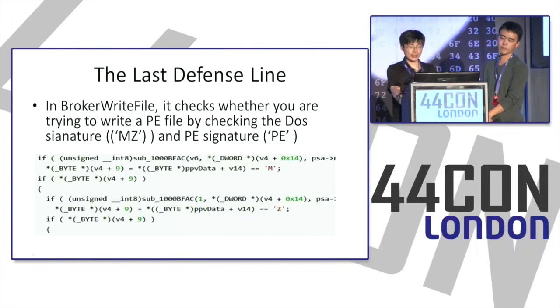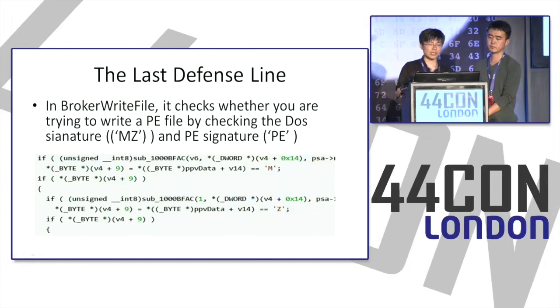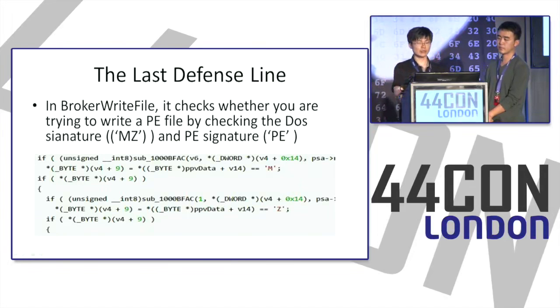And Flash Broker has another line of defense against writing PE files. In the Flash Broker API named broker write file, it will check whether you are going to write a PE file by checking the DOS signature and PE signature in the buffer you want to write. If it finds such a signature, it will deny the write request.